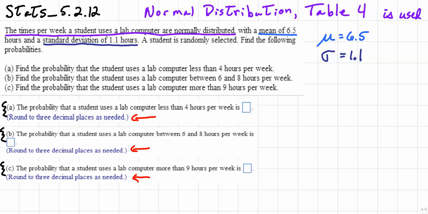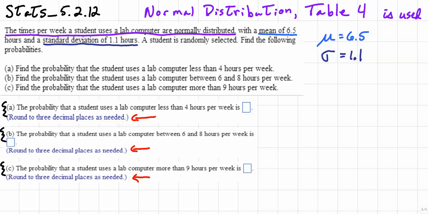Remember that when we find the 3 probabilities, we are looking at the values within the body of the standard normal distribution table. Since the normal distribution is based upon z-scores, the corresponding values inside the table will be area under the normal distribution curve, and they're also considered probabilities.